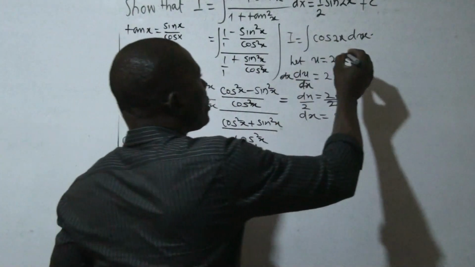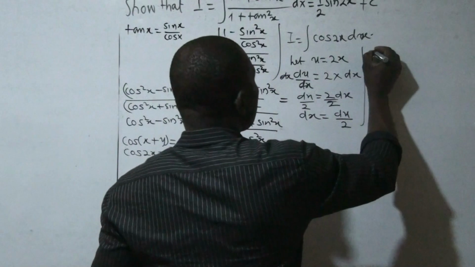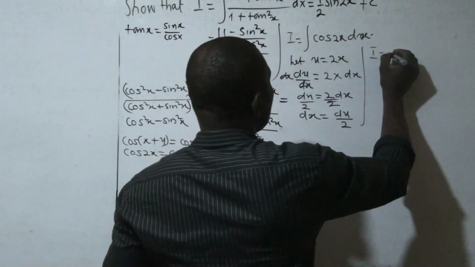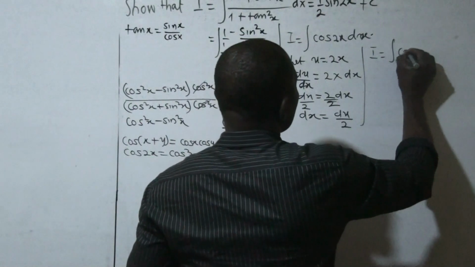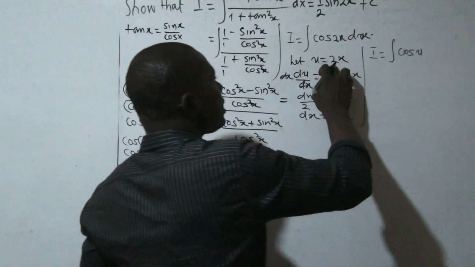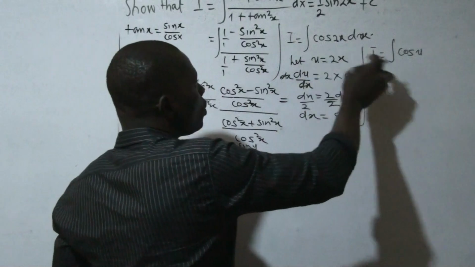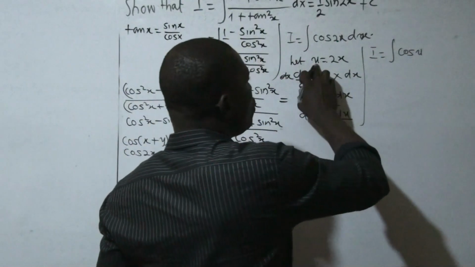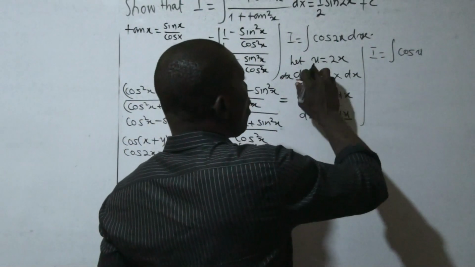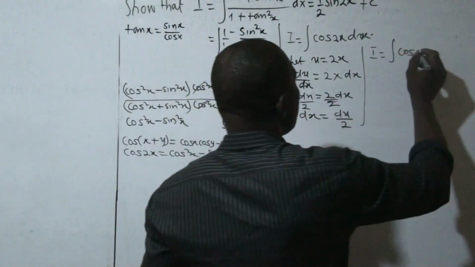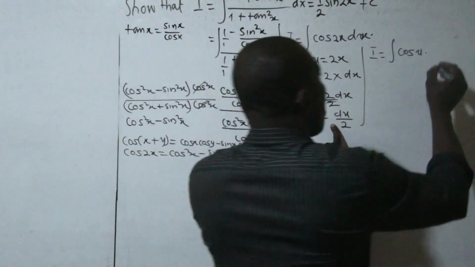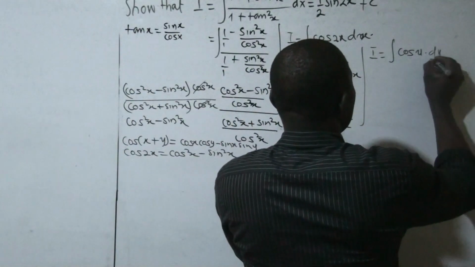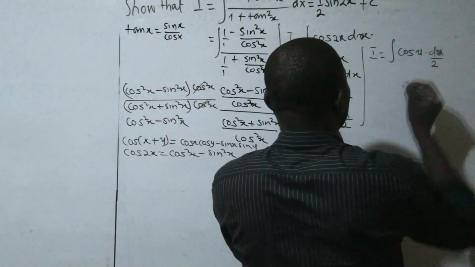That means our expression is now reduced to the integral of cos u, because we've already said that 2x is equal to u, so in place of dx is now du over 2.